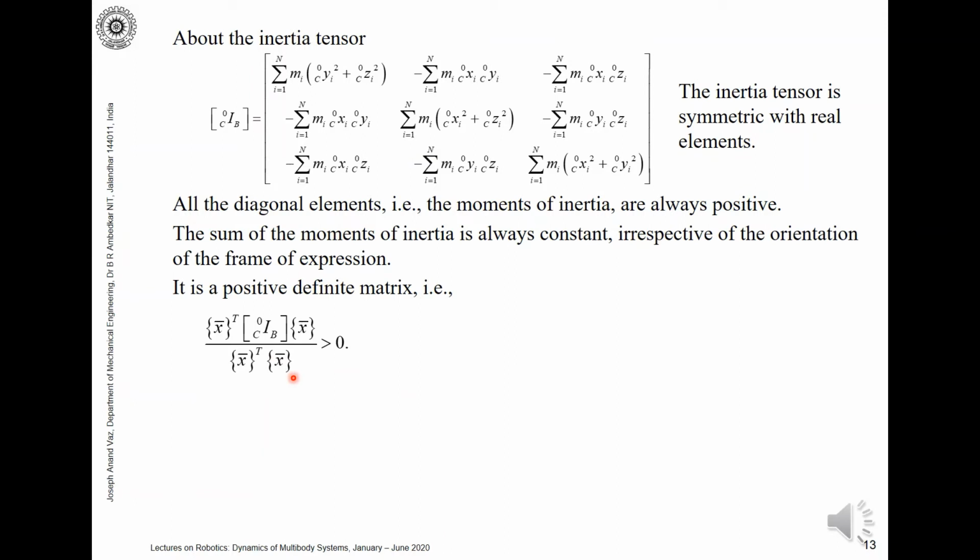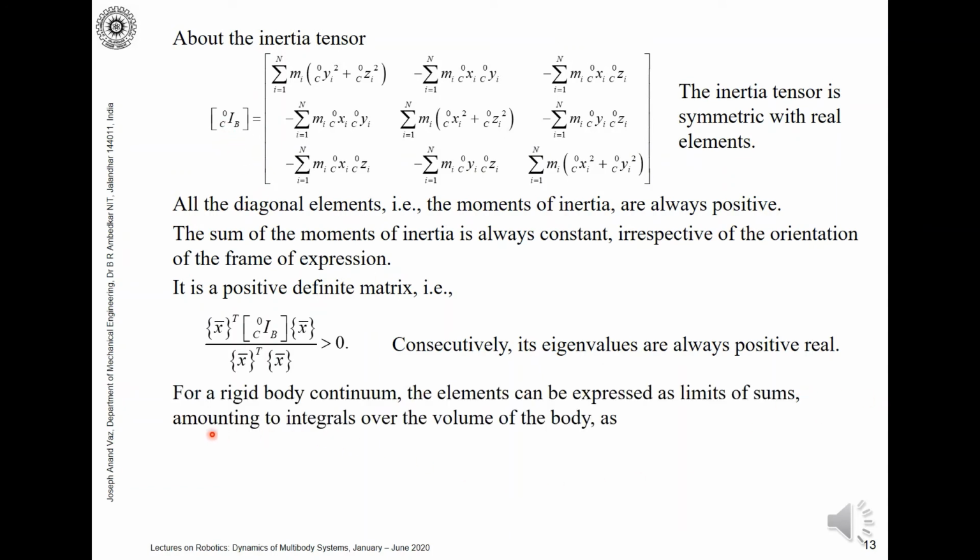So the resultant is a scalar in the numerator and also a scalar in the denominator. So this term should be greater than 0. It means that it is positive definite. Consequently, its eigenvalues are always positive real. So this automatically implies that the eigenvalues for this inertia tensor are always positive real.